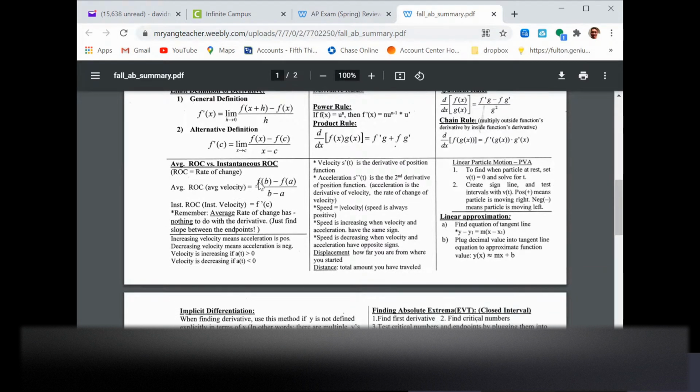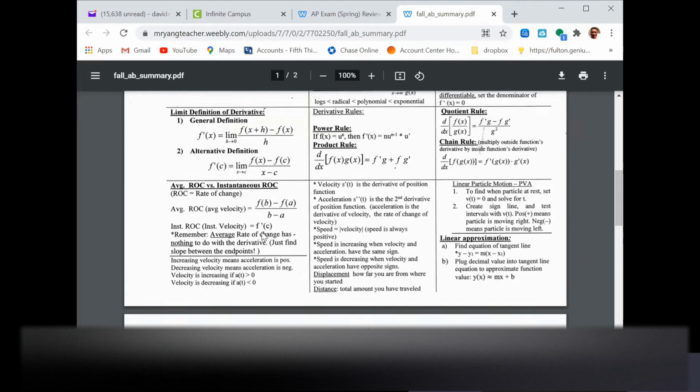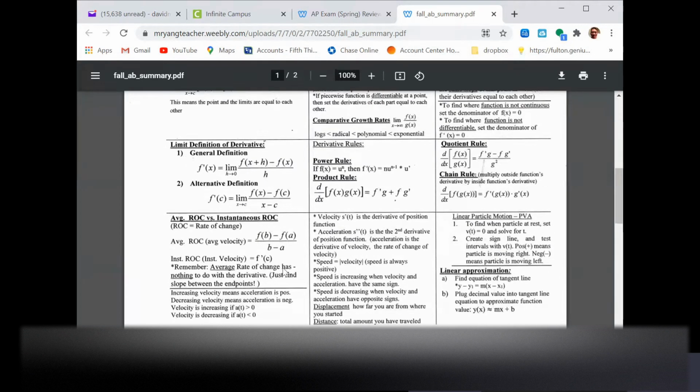Do you see where I'm scrolling right here? So increasing, decreasing speed, I have that information here, and I have increasing, decreasing velocity over here. So bottom of the first page, there's descriptions here.